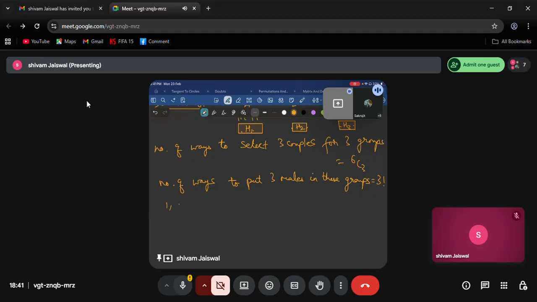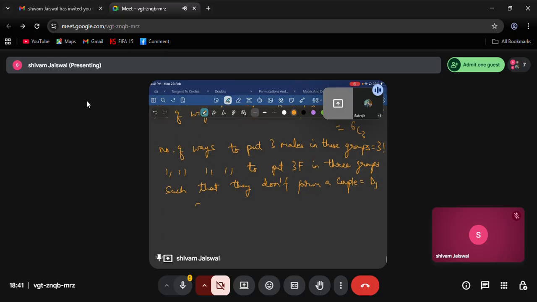So the number of ways to put 3 females in 3 groups such that they don't form a couple will be equal to D3.